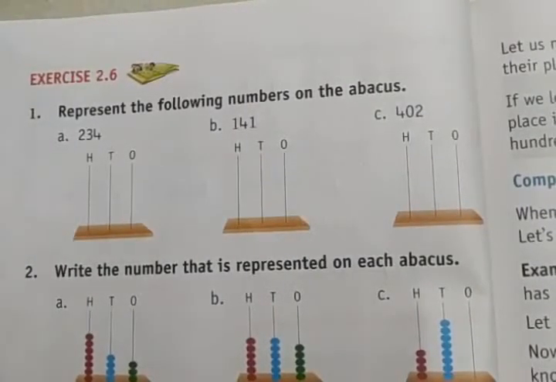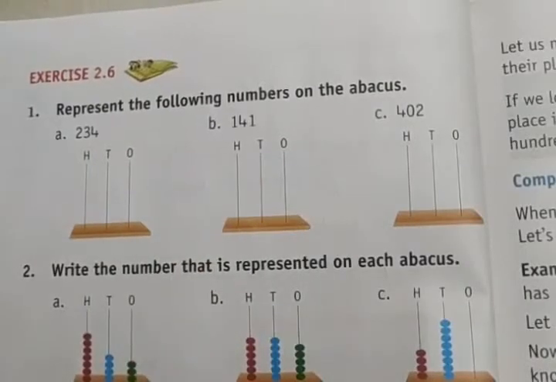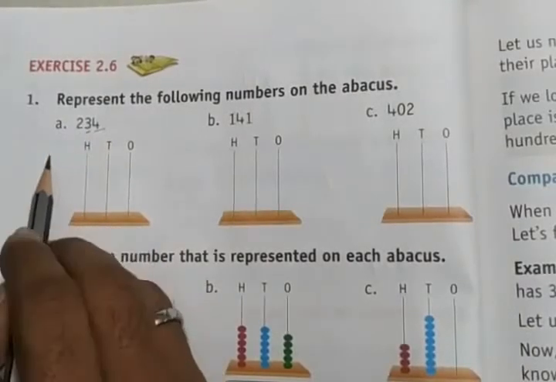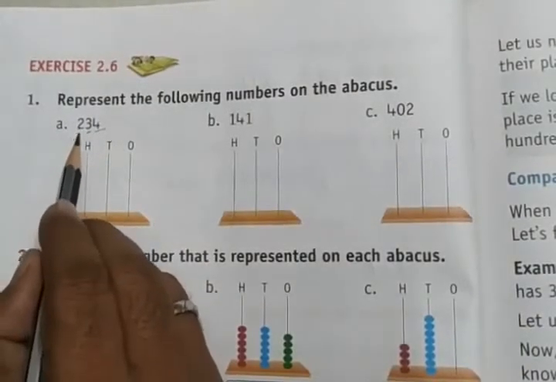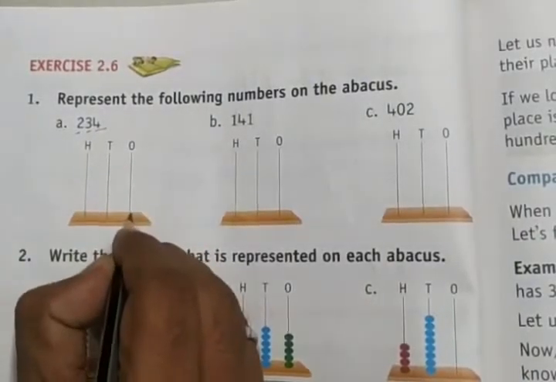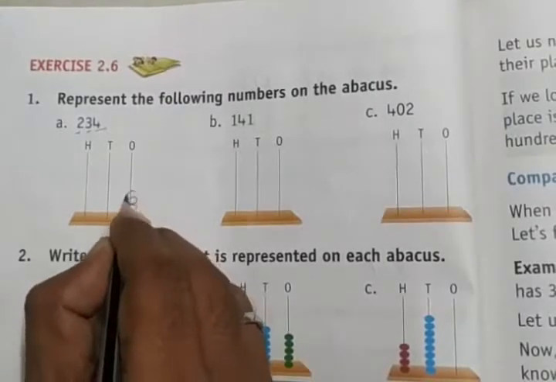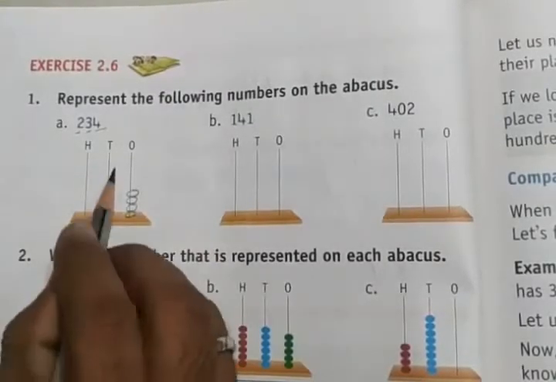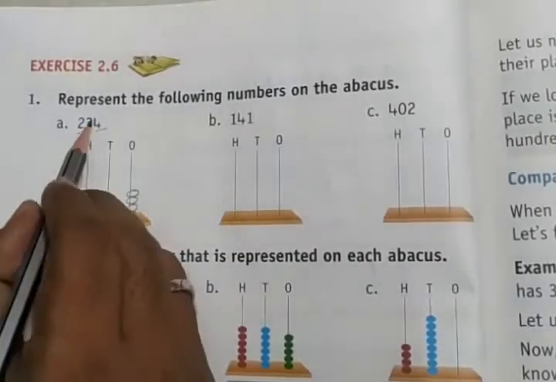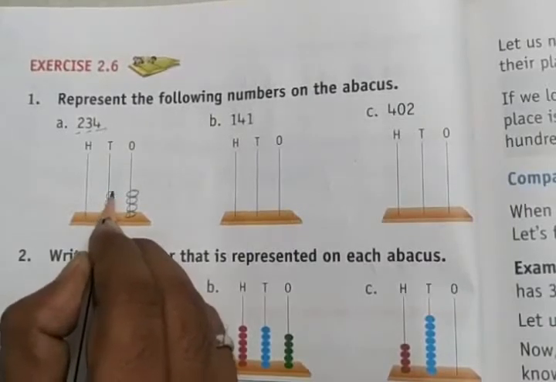Exercise number 2.7. Represent the following numbers on the abacus. Here the ones place is 4, the tens place is 3, the hundreds place is 2. In the ones place we have to put 4 beads: 1, 2, 3, 4. Clear? Next, in the tens place we put 1, 2, 3.